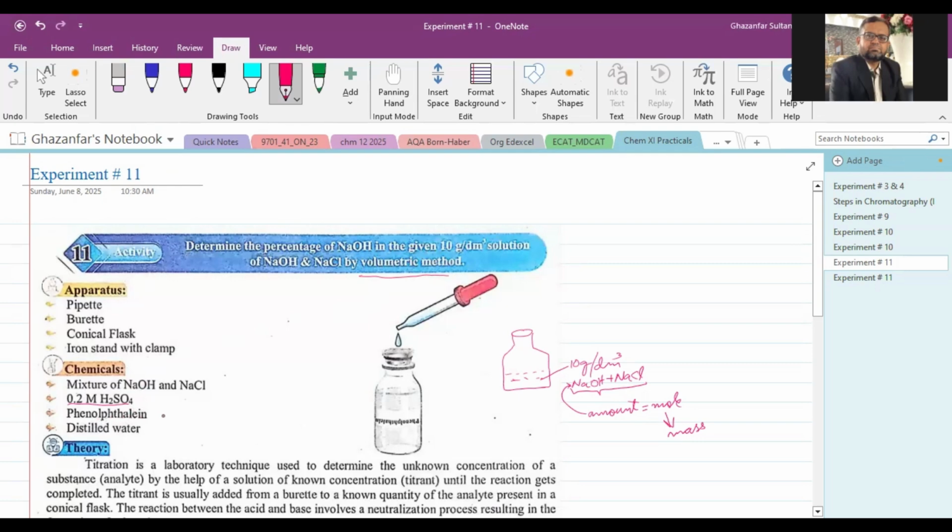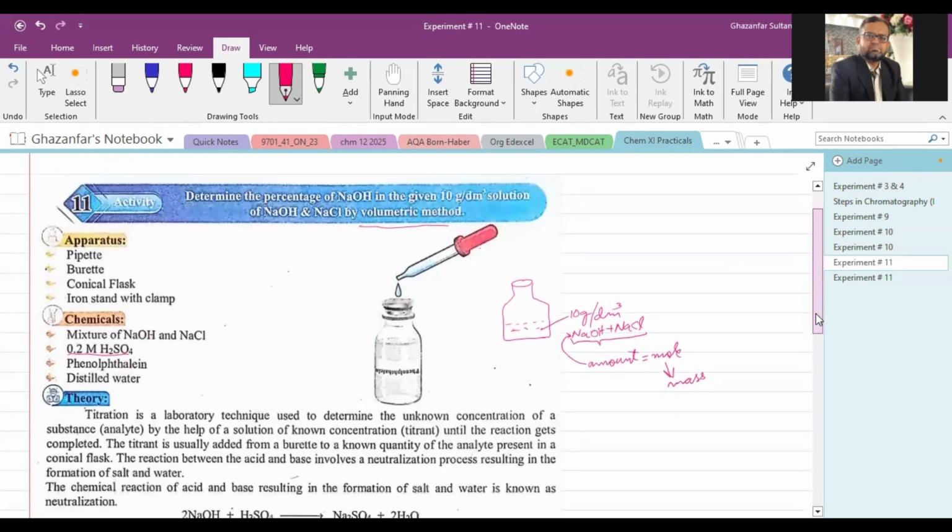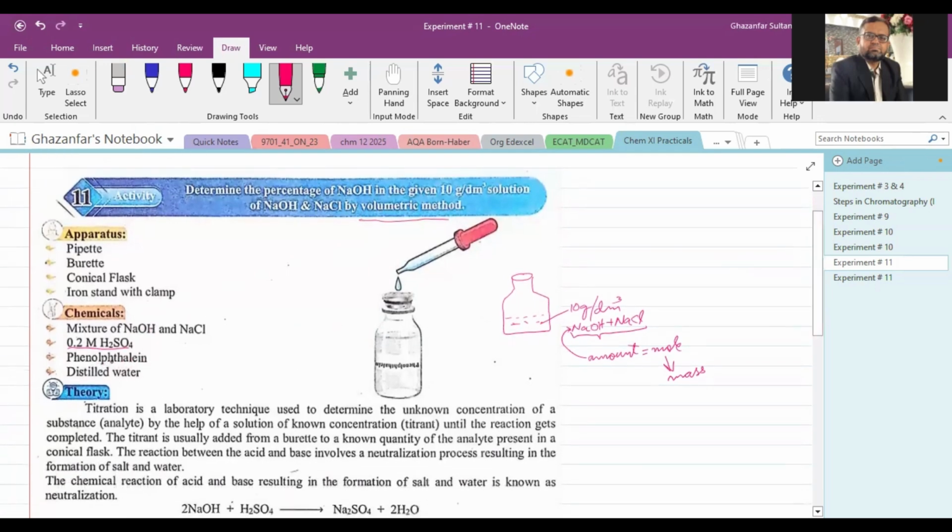Although it changes color around pH 9, we use the indicator with 2 units plus minus. So phenolphthalein is a good indicator for strong acid, strong base titration, where the neutralization point is pH 7. So what is titration?